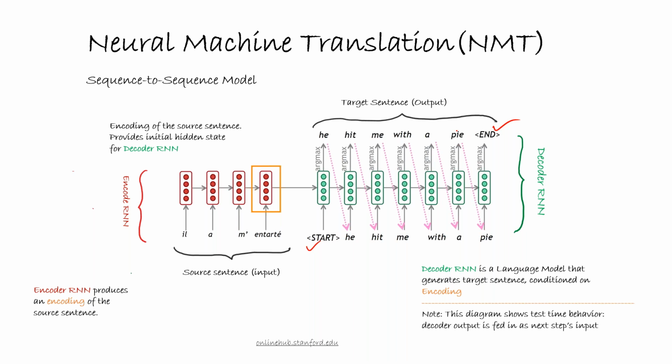The encoding of the source sentence provides the initial hidden state for the decoder RNN, right? As we understand clearly, this encoder is basically the RNN layers. Then I have a decoder model.